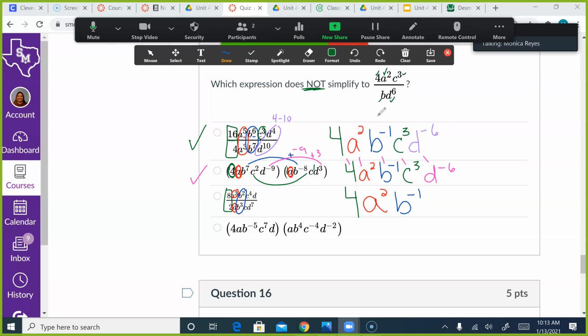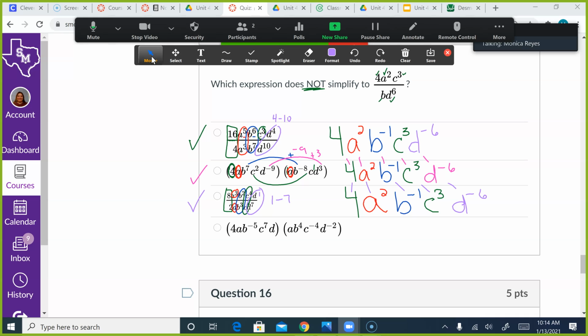And the C's, 4 and 1. 4 minus 1 is 3. And for D, there's a 1 here, so 1 minus 7 is negative 6. So again, 4, A squared, B to the negative 1, C cubed, D to the negative 6. So this one works too.